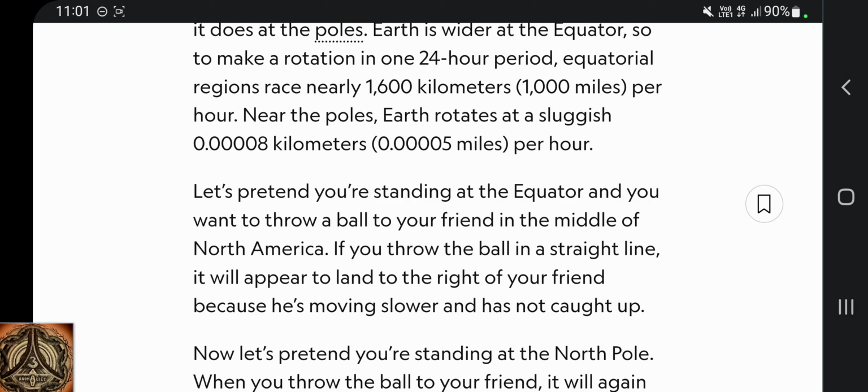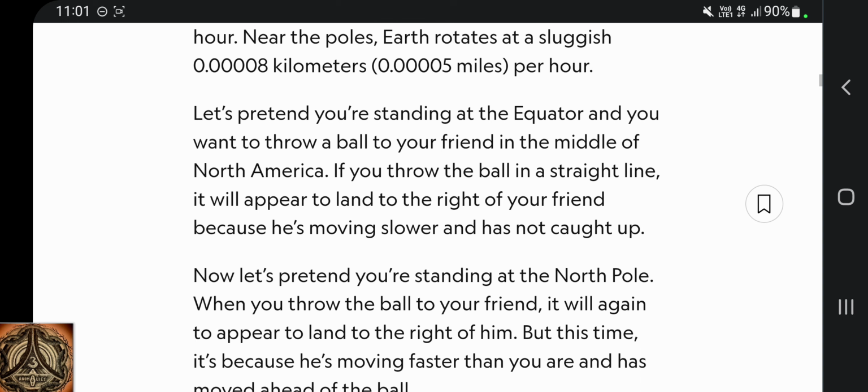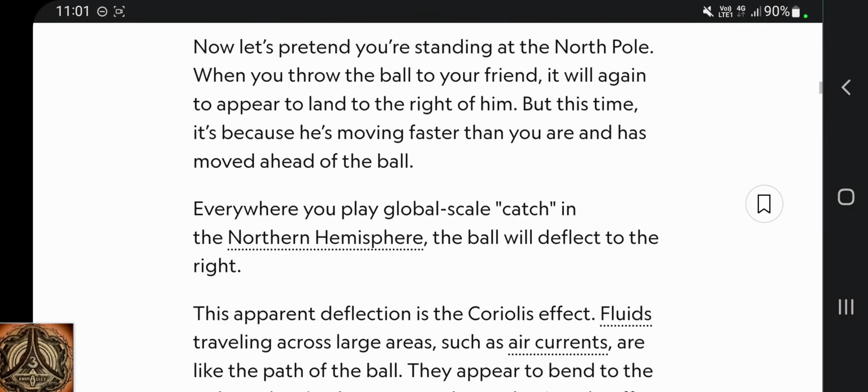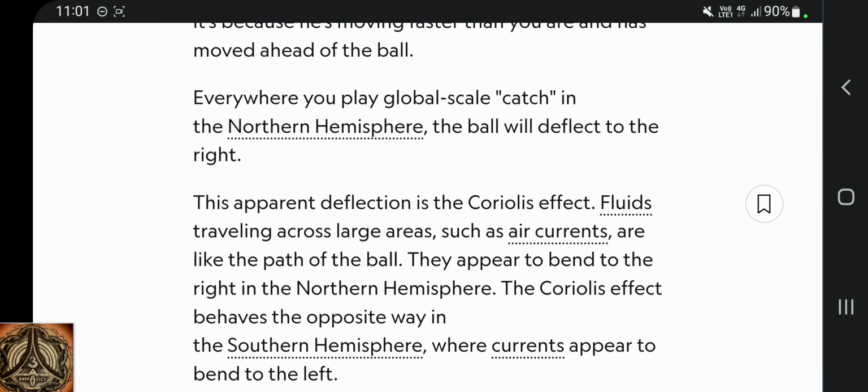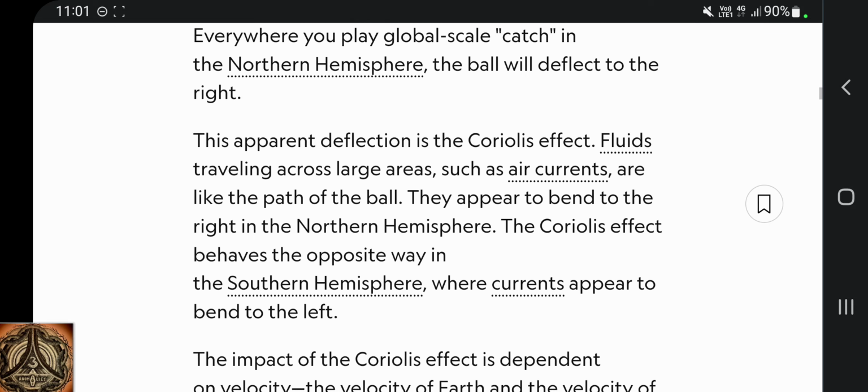Let's pretend you're standing at the equator and you want to throw a ball at your friend in the middle of North America. You throw the ball in a straight line, it will appear to land to the right of your friend because he's moving slower and has caught up. Everywhere you play global scale catch in the northern hemisphere, the ball will deflect to the right. This apparent deflection is the Coriolis effect. Fluids traveling across large areas such as air currents are like the path of the ball.